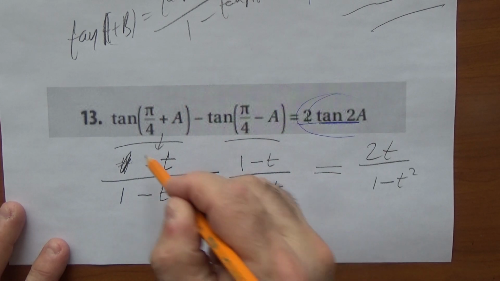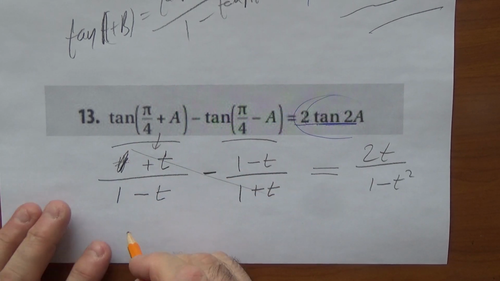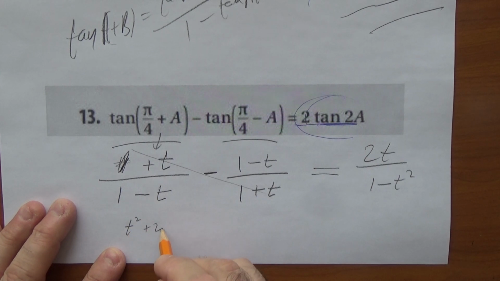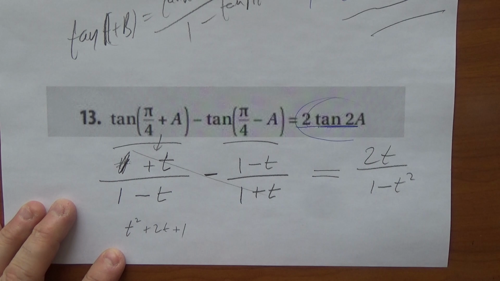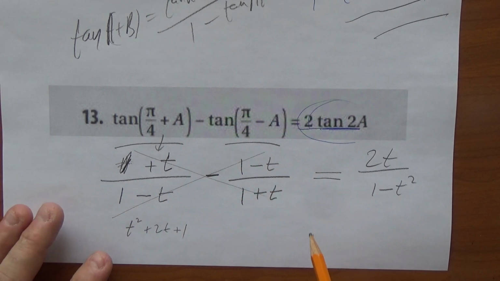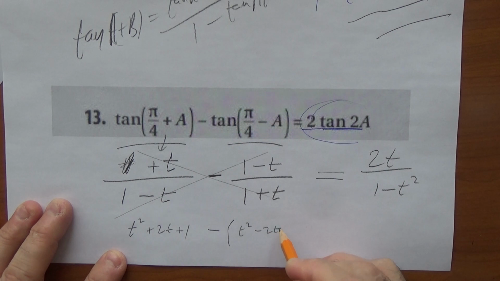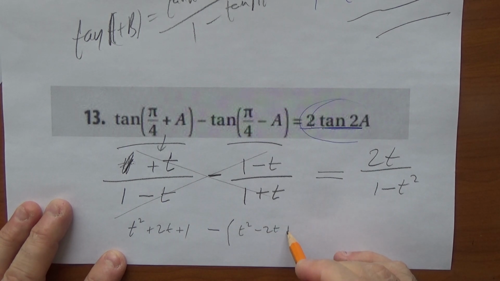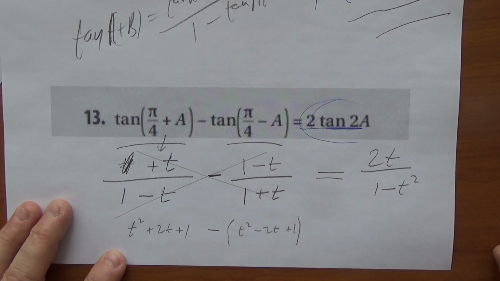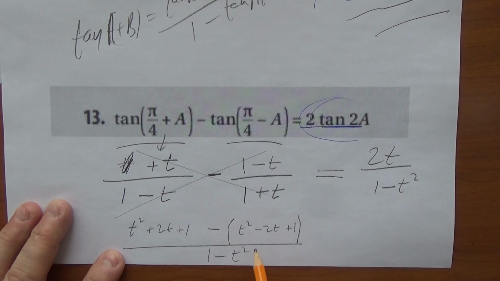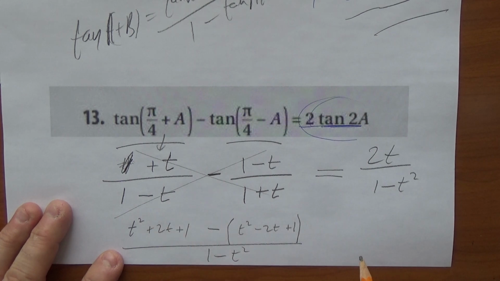Okay, so technically speaking, it's that by that, which is t squared plus 2t plus 1, minus that by that, t squared minus 2t plus 1, there's going to be a lot of cancellations there, all over that by that, which is 1 minus t squared because of the difference of two squares.